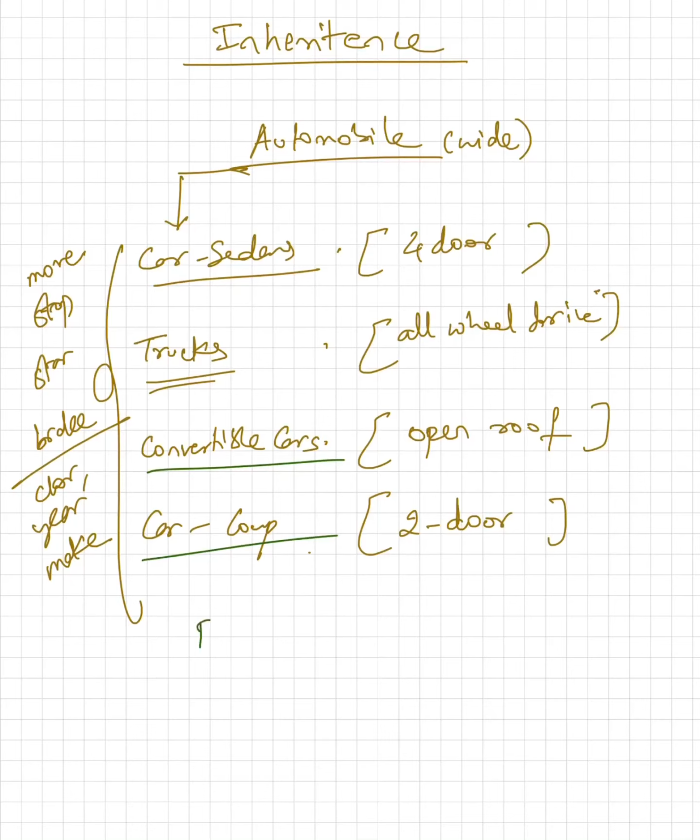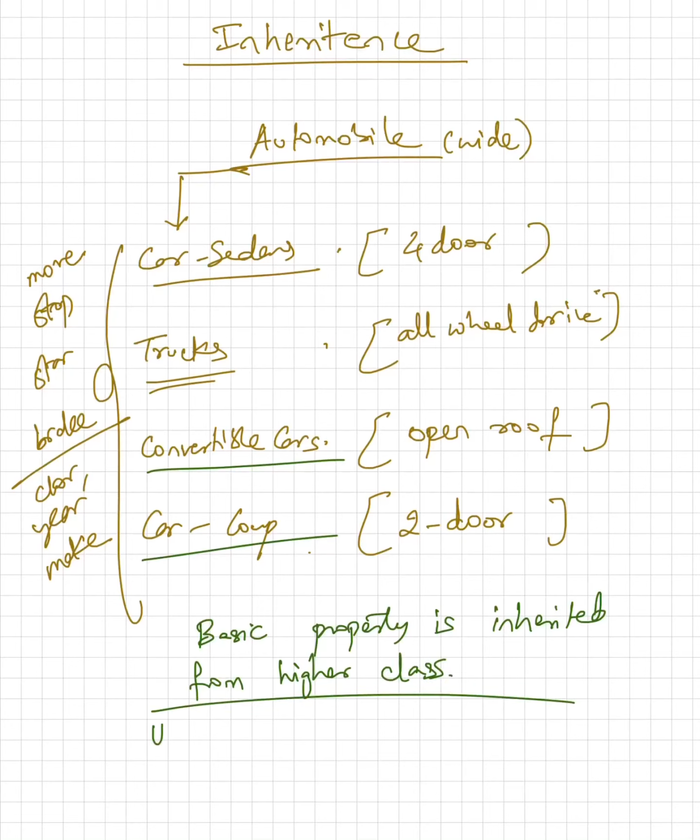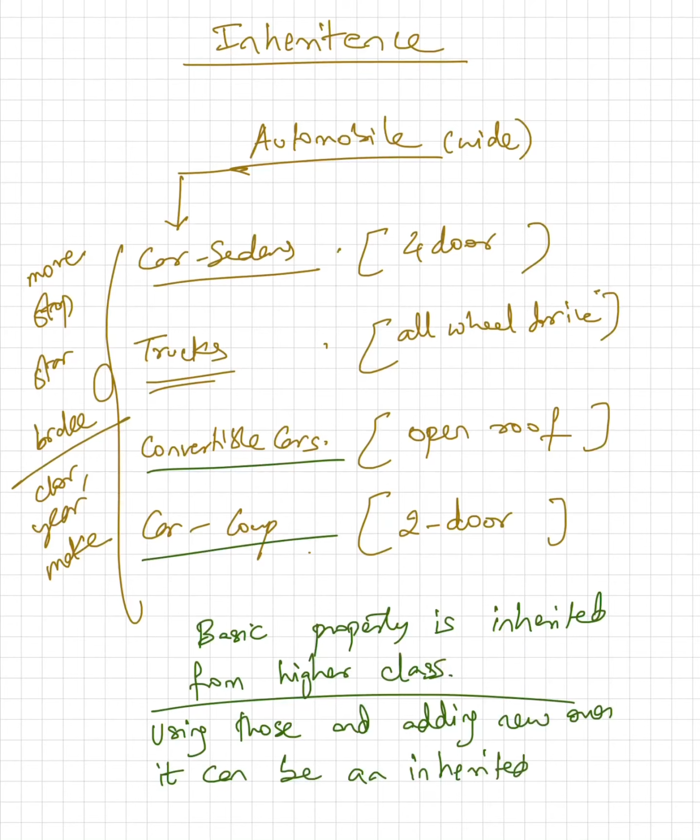The basic property is inherited from a higher class, and then using those and adding new ones, it can be an inherited class. So from an existing class you can make a subclass, that is called inheritance.